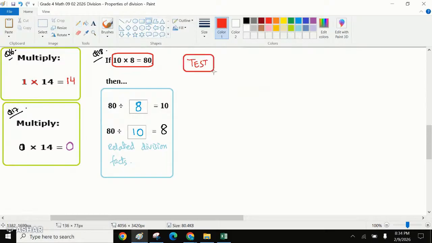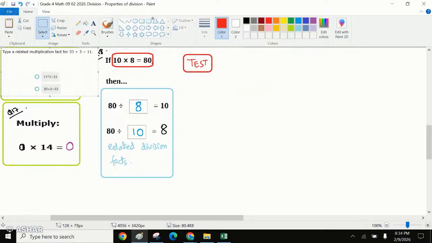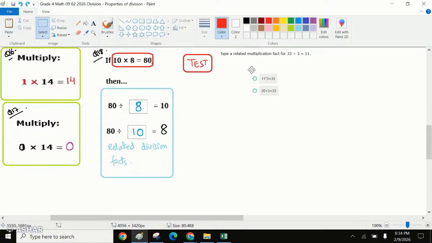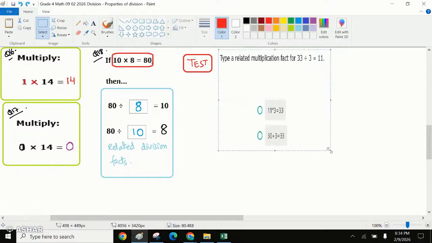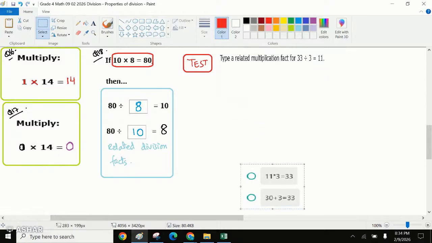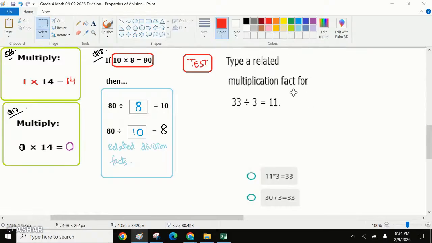Normally, asterisk is used. Asterisk is the star sign. Asterisk is used for multiplication, right? It's used to represent multiplication. So in this question, they're asking us to write the related multiplication fact for 33 divided by 3 is equal to 11.